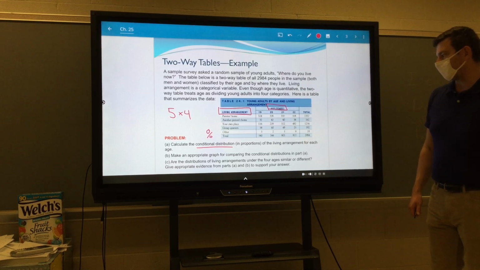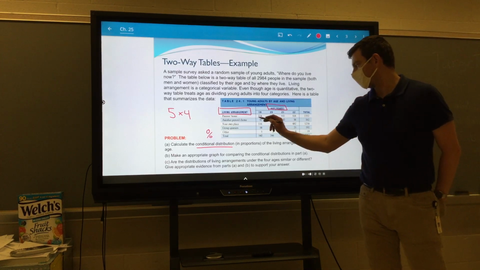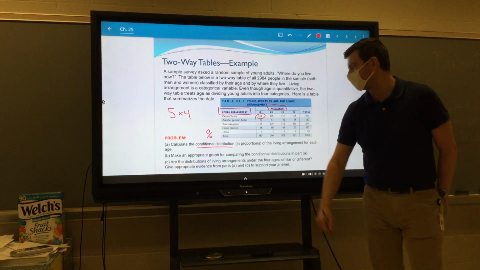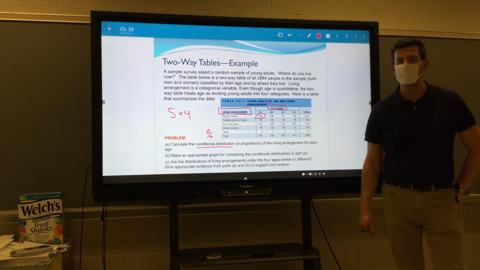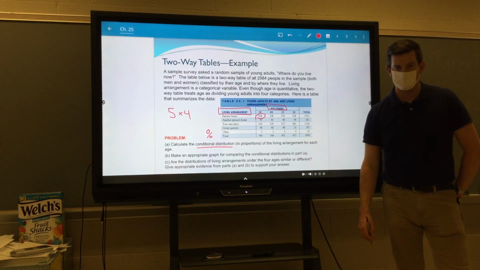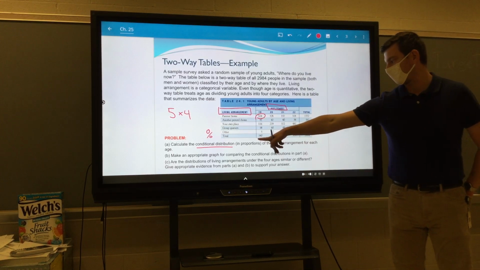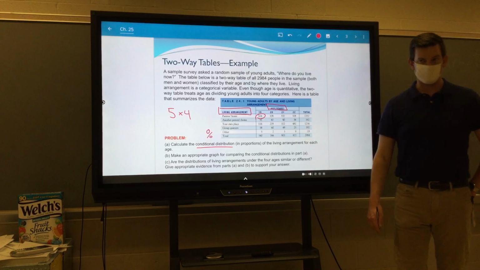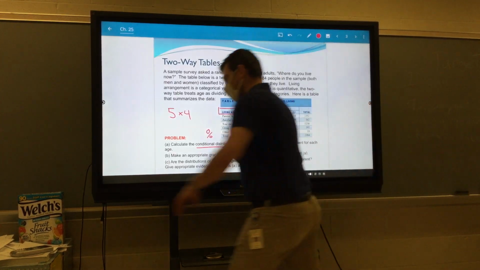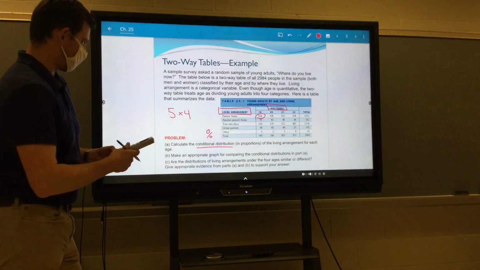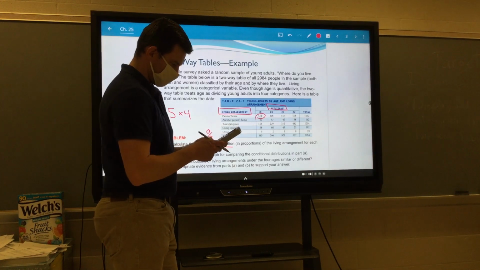If we were to look at the column here, these 324 19-year-olds who live with their parents. 324 out of 540 19-year-olds surveyed, that's about a little more than 50%.